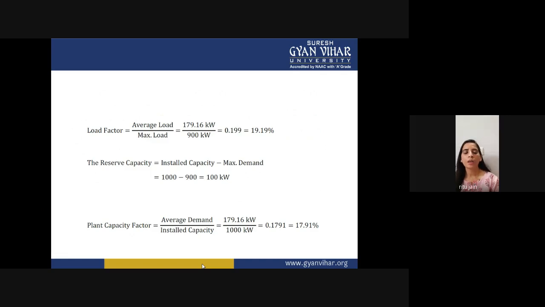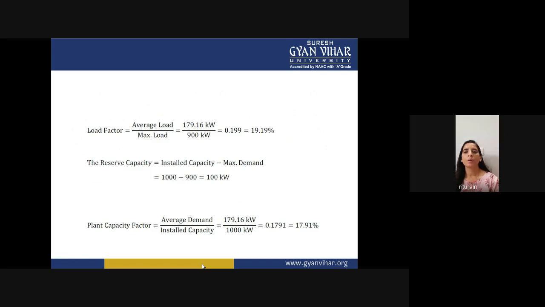Now we come to the next point, that is reserve capacity. We have already done in our previous slide that the reserve capacity formula is installed capacity minus maximum demand, and the installed capacity of the power plant is 1 megawatt.